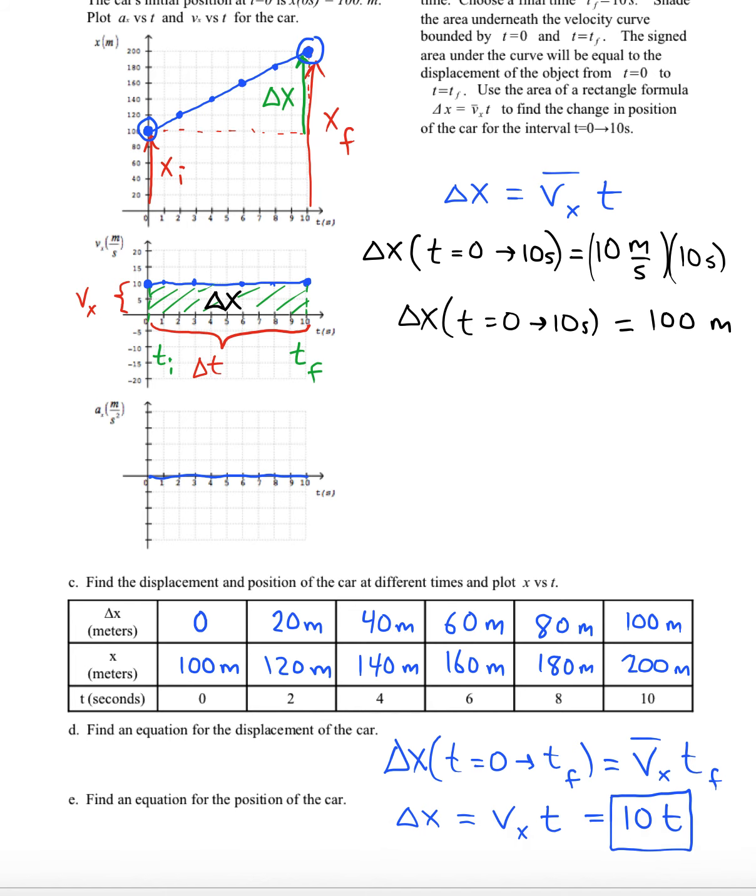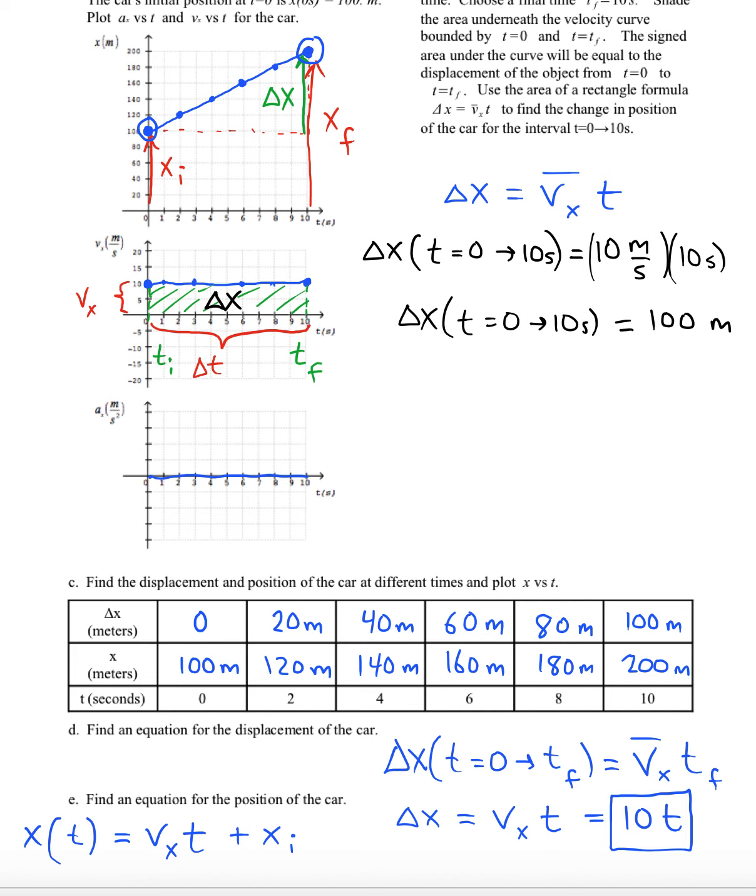Our last job here is to come up with an equation for the position of the car. So for that, we can use x as a function of time equals the velocity times the time plus some initial position. A little bit different formula than above.